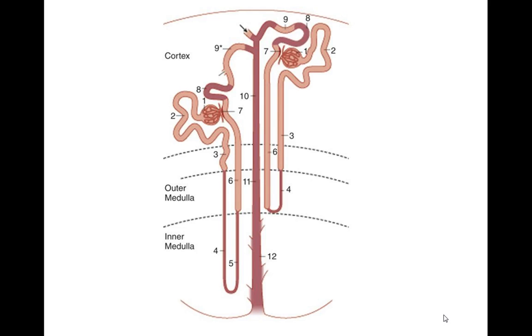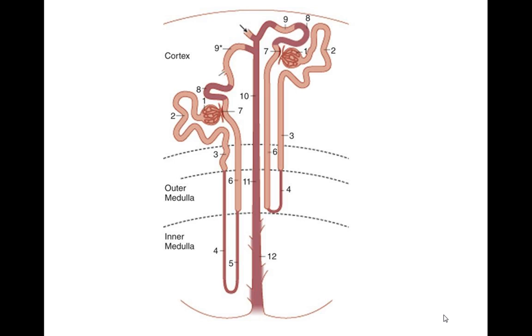Hello. Today I want to talk about the microscopic structure of the human kidney. When you put a sample of kidney under the microscope, you can see numerous spherical and tubular shaped structures.